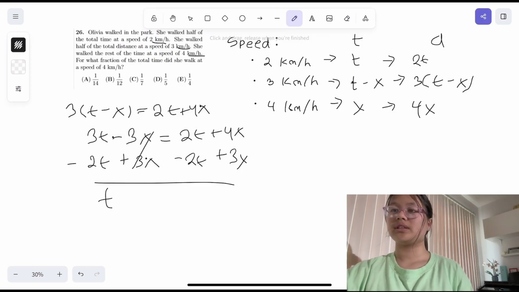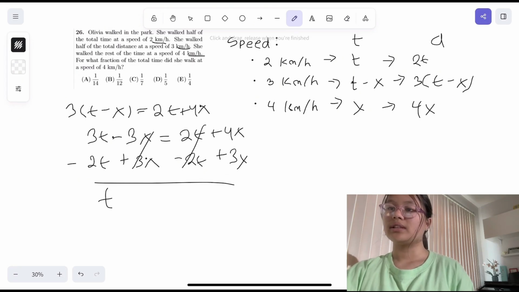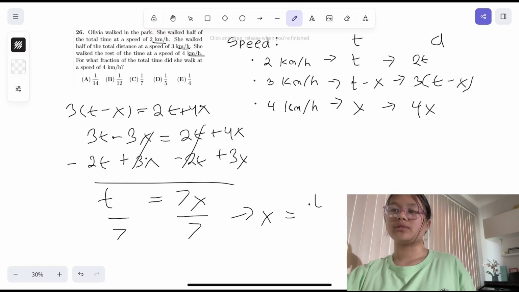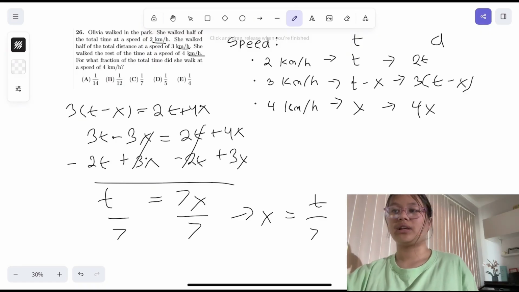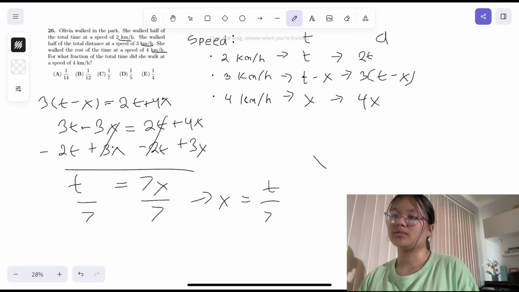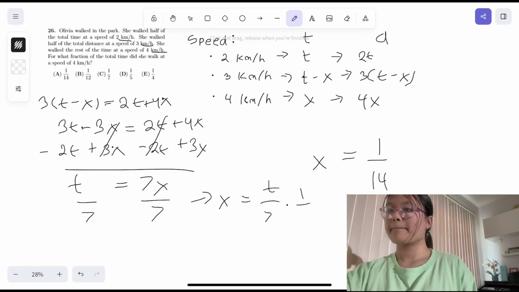So then t equals 7x, and then to get x, what we were able to do is divide each side by 7. So then x equals t over 7, and then what we do is x equals 1 over 14.